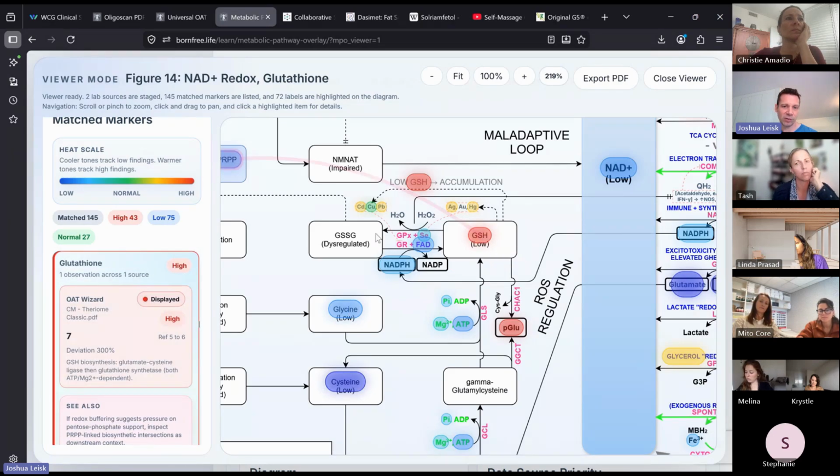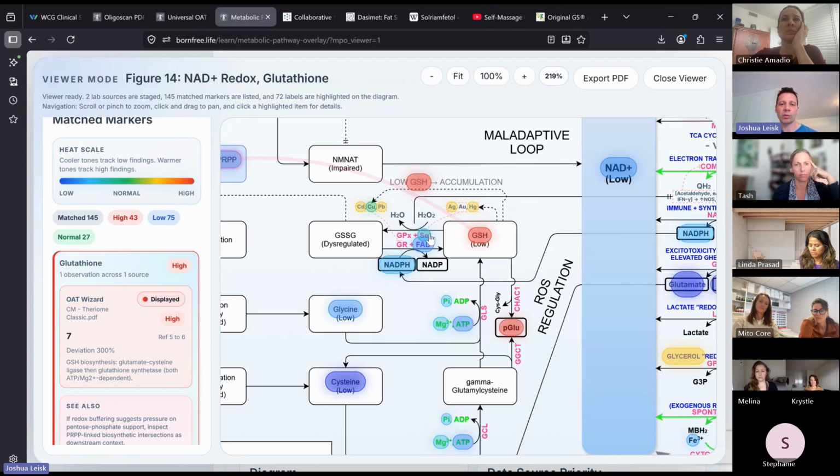This particular test doesn't give us the oxidized levels as well, but the Thriome Aristotle Plus gives us both, which makes it a lot easier to see all of this. Glutathione needs to go through an enzyme called glutathione peroxidase, which many of you I'm sure are very familiar with, and that creates the oxidized glutathione. Then there is the redox going through glutathione reductase, which recreates the reduced glutathione.